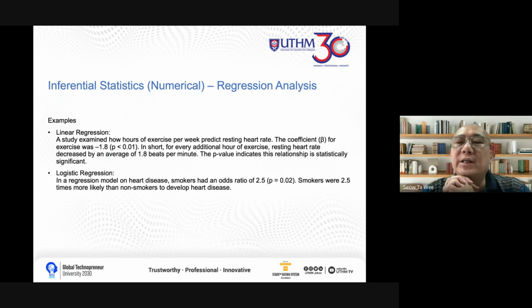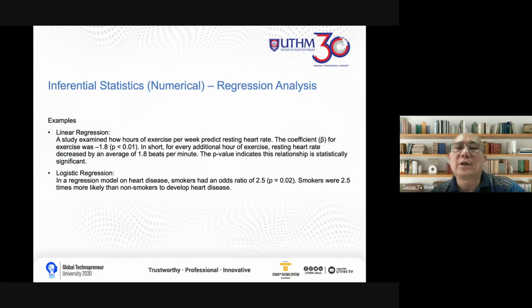In regression analysis, this is an example of linear regression: a study examining how hours of exercise per week predict resting heart rate. The coefficient beta for exercise was minus 1.8, where the p-value is less than 0.01.